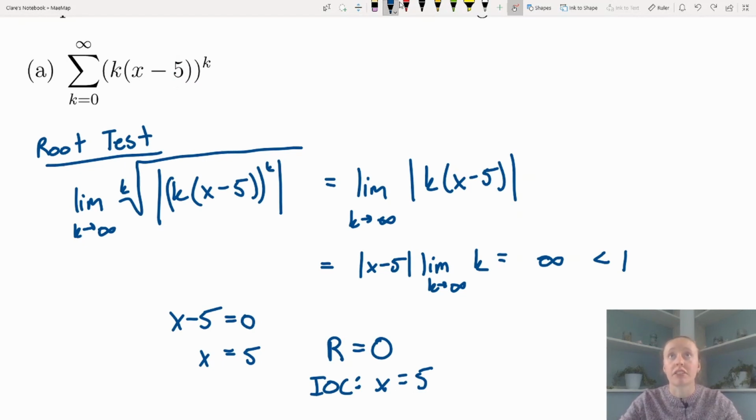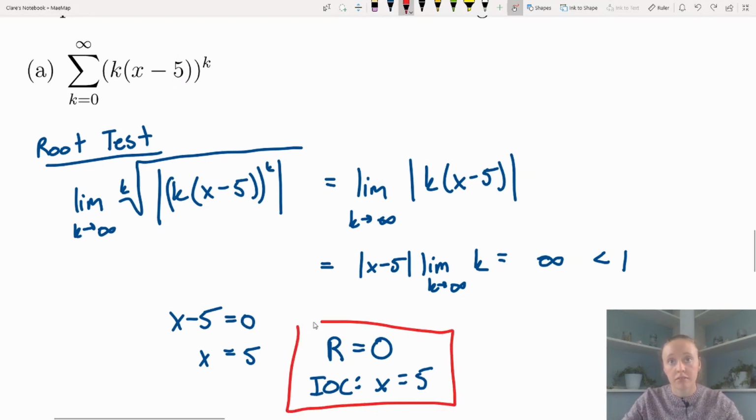That's our interval of convergence. If I was to choose any other value for x, this series would diverge. For example, if I plugged in 6 minus 5 is 1, so then 1 times the limit as k approaches infinity of k, that's going to be infinity. Or if that was negative, taking that absolute value, we'd still go towards infinity. Let's continue on to our next example.